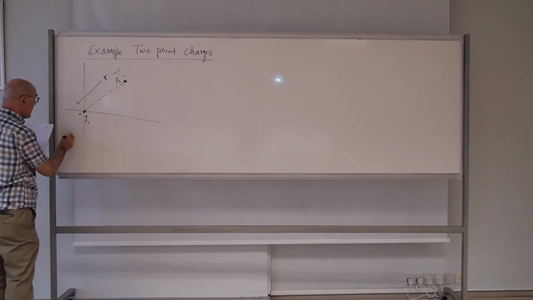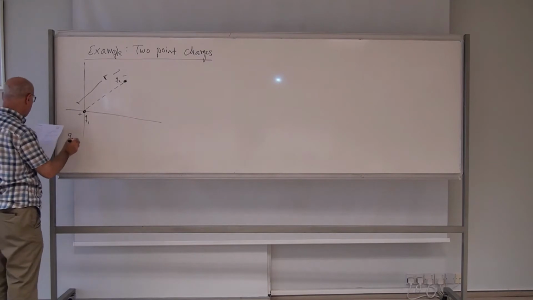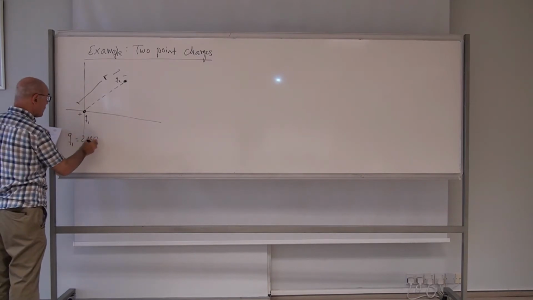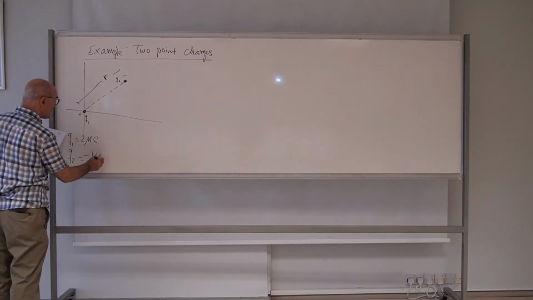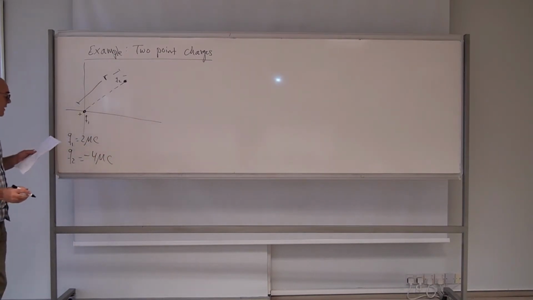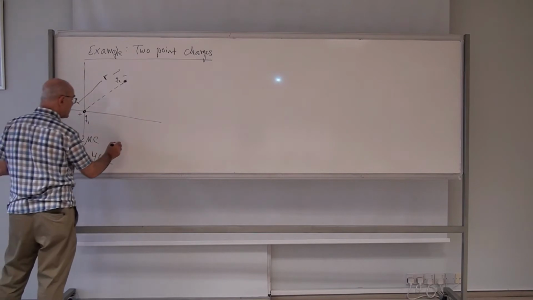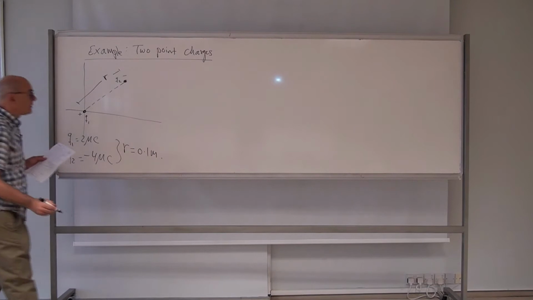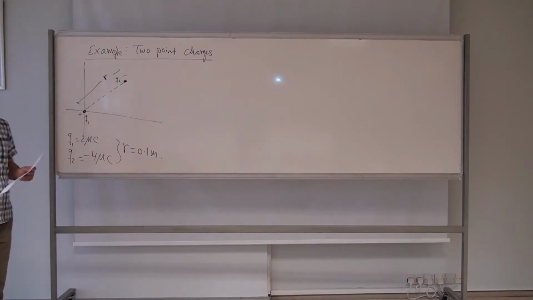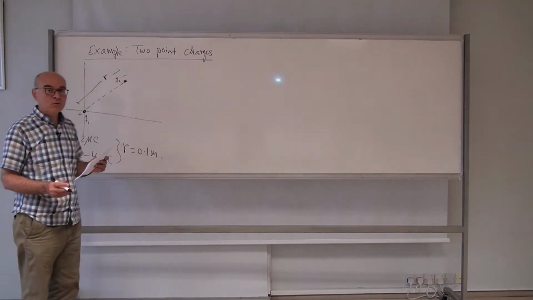Now, we are given that Q1 is equal to 2 microcoulombs and Q2 is equal to minus 4 microcoulombs, and the distance R between the charges is equal to 0.1 meters.